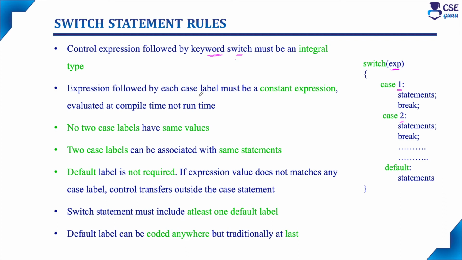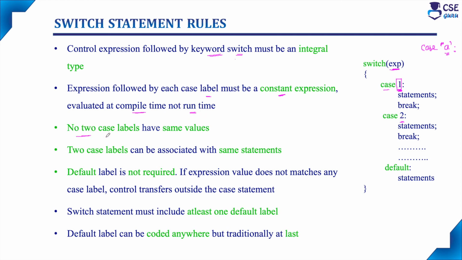The expression following each case label must be a constant expression, either case 1, case 2, case 3, likewise, or a case with any letter. If it is a character constant, we have to specify it with single quotes. That we need to remember. And this expression will be evaluated at compile time, not at runtime.